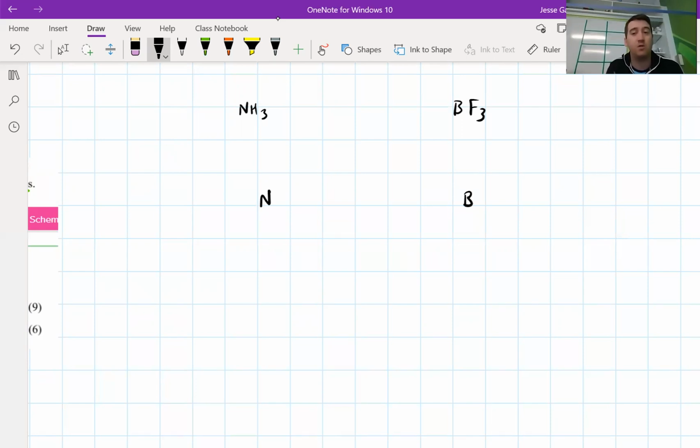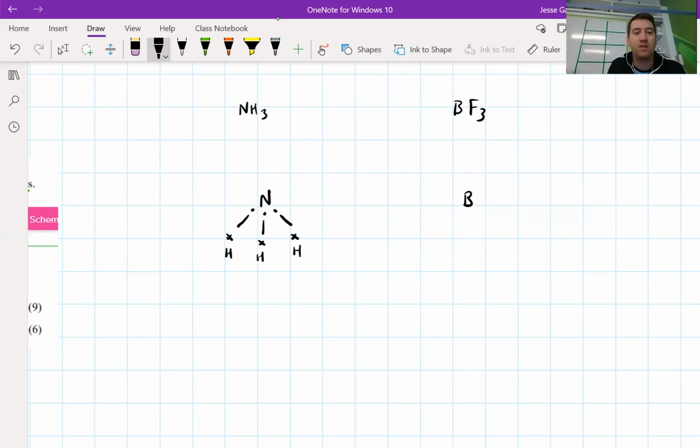Next thing we want to do, using dots and crosses to show electrons, is draw the valence electrons of the central atom. So in this case, nitrogen has 5 electrons. They arrange themselves like this: 1, 2, 3, that go into bond pairs of electrons with the 3 hydrogens like this. These are the hydrogens. Here are 3 of them.